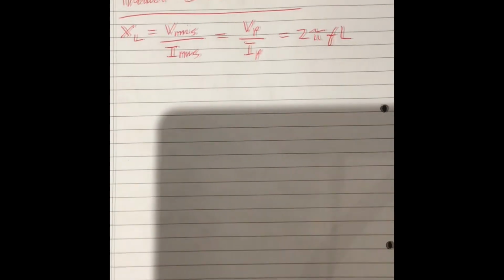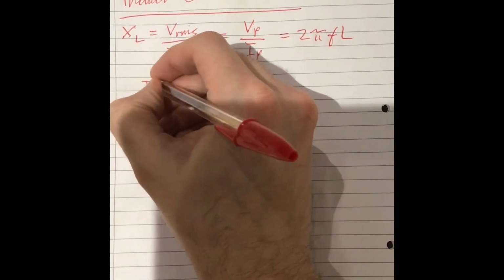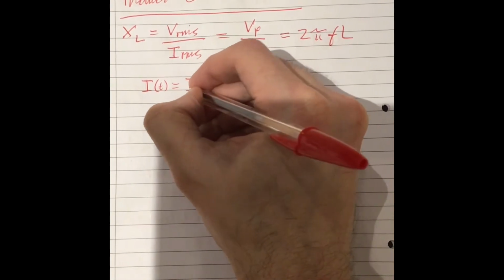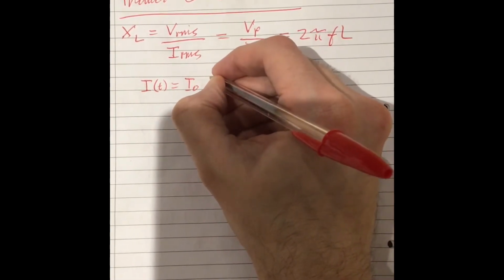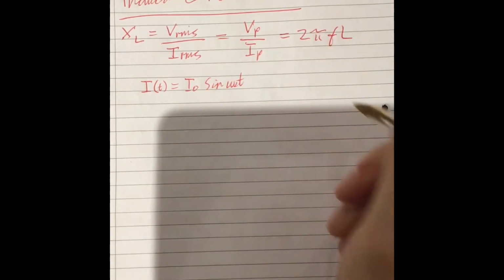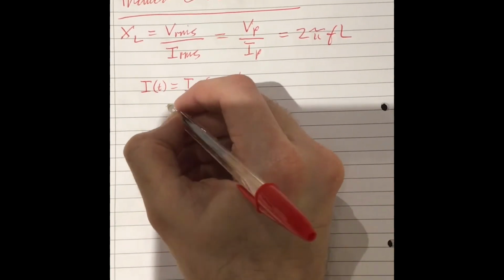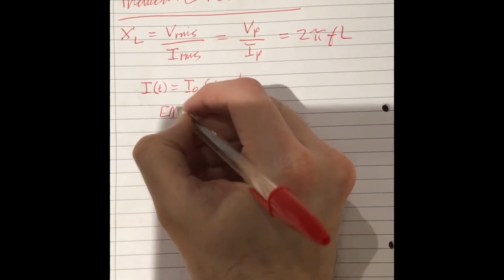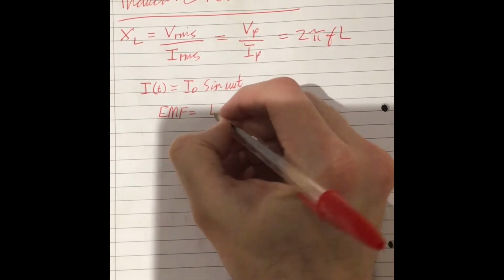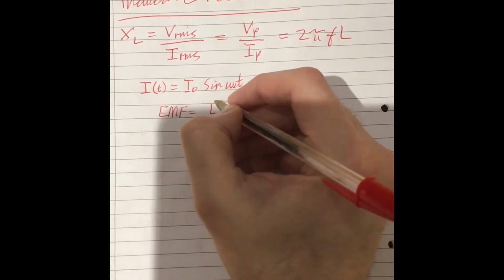So let's say we have an AC current that can be described as follows. I of t equals I naught sine omega t. Well, according to Faraday et al., we know that the EMF is equal to minus L di by dt. And don't forget the minus sign.